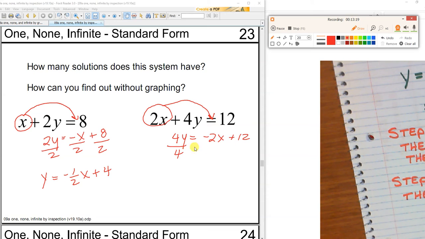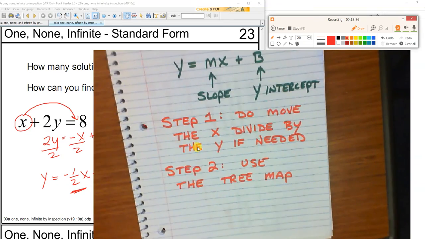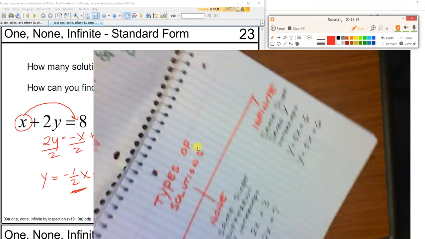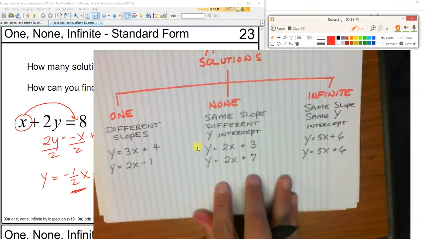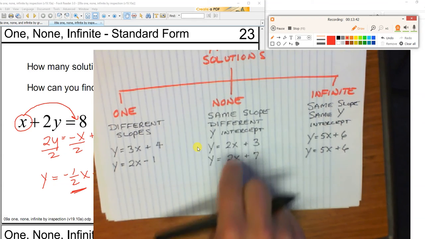I have the same slope, but I have different intercepts. Same slope, different intercept. What does that mean? Going to the tree. Same slope, different intercepts. No solution.